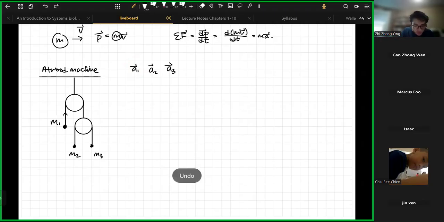Right, but way before that, I want to write acceleration, so I need the sum of forces on mass 1. From there, I will have to talk about tension and gravity. Thank you, Jungwon. So suppose I call this tension T1, I call this tension T2 and T3. Oh sorry, T2 also, because they're the same rope.